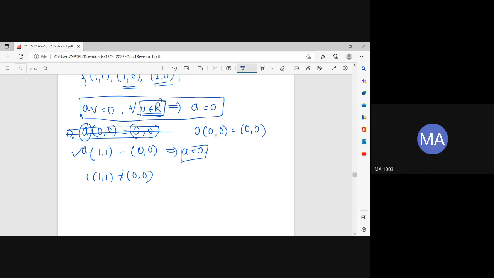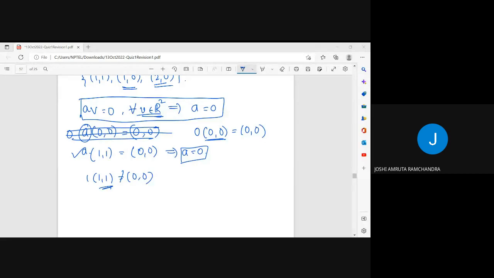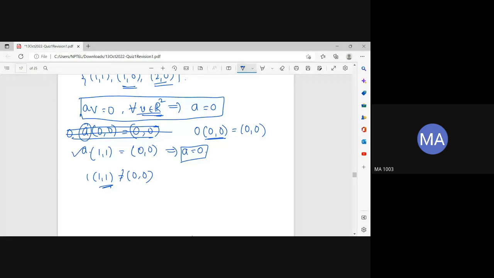It is holding true for every element in R2, so it will hold for (0,0) also, for (1,1) also. Okay, ma'am. Got it. I got the second option, but with the first option I had confusion.